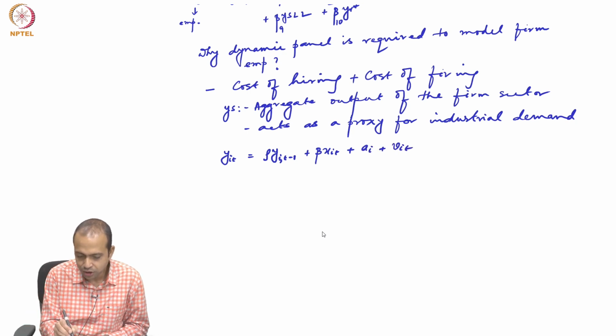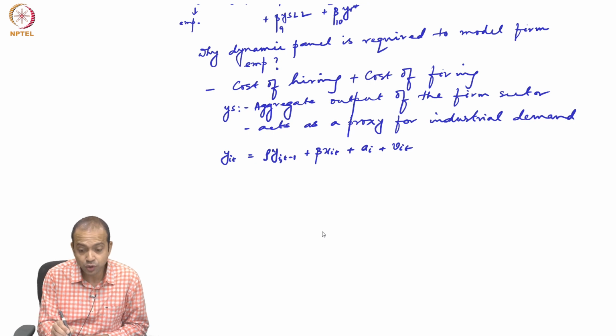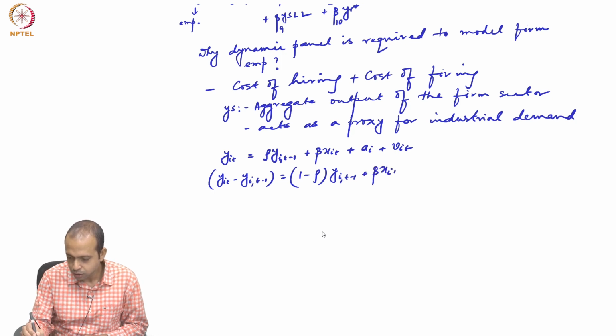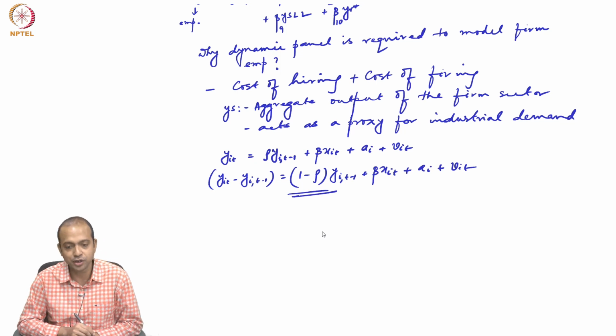If this is the model, subtracting y_i,t-1 from both sides, then you will have y_it minus y_i,t-1 equals (1 minus rho) y_i,t-1 plus beta x_it plus a_i plus v_it. Now, look at the coefficient of y_i,t-1.